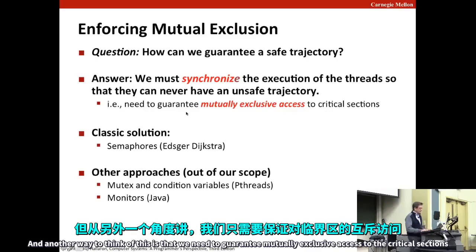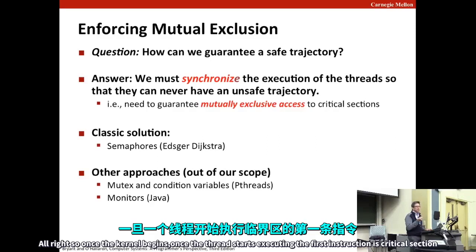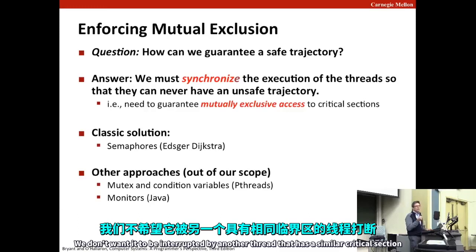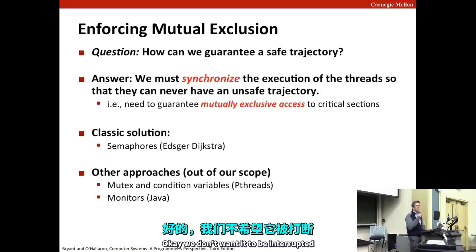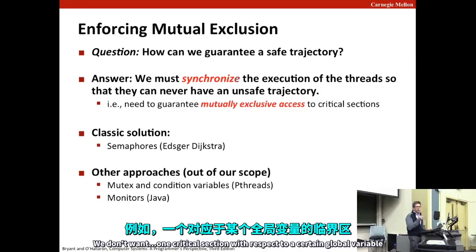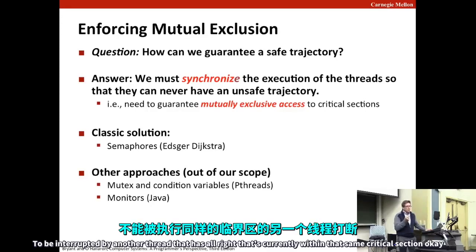Another way to think of this is that we need to guarantee mutually exclusive access to the critical sections. Once a thread starts executing the first instruction in its critical section, we don't want it to be interrupted by another thread that has a similar critical section. We don't want one critical section with respect to a certain global variable to be interrupted by another thread that's currently within that same critical section.